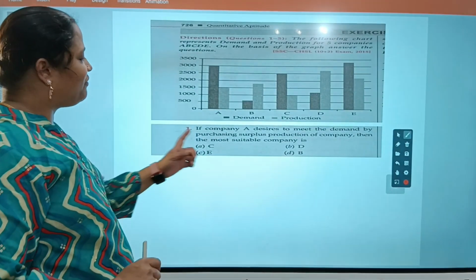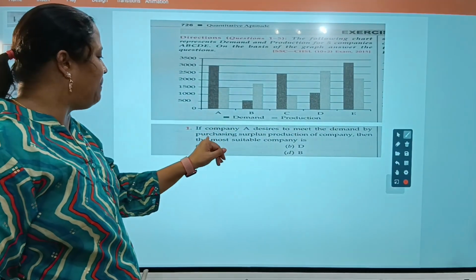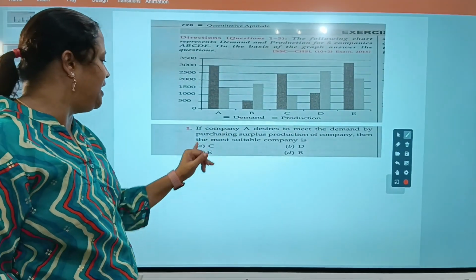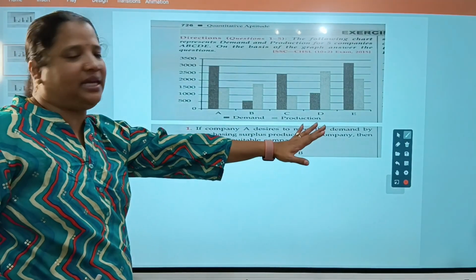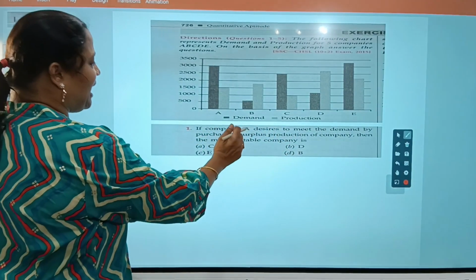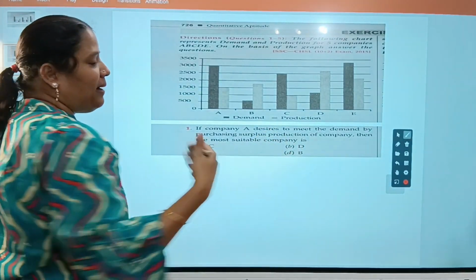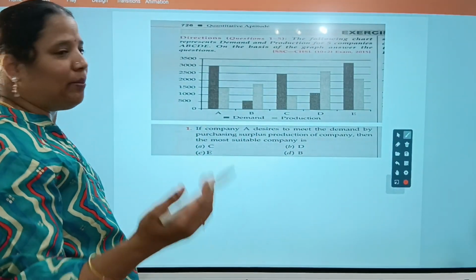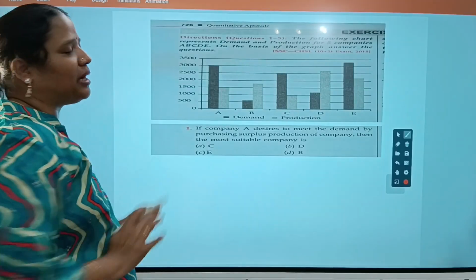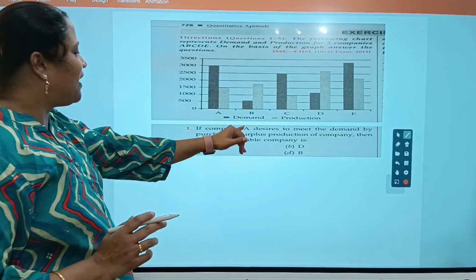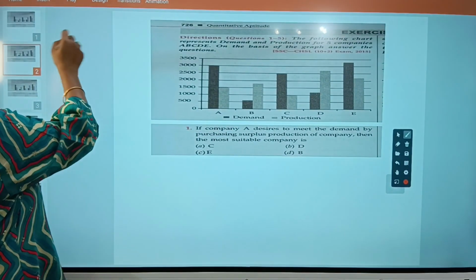The next question: if company A desires to meet the demand by purchasing surplus production of company, then the most suitable company is. So, company A desires to meet its demand by buying production from other company. Which is the suitable company we have to decide. So, for company A, how much shortage is there?